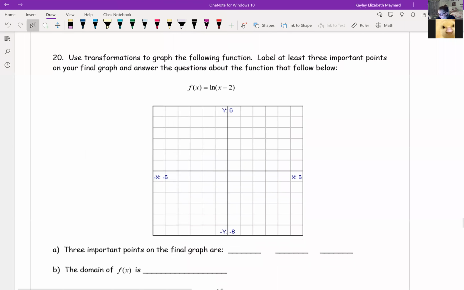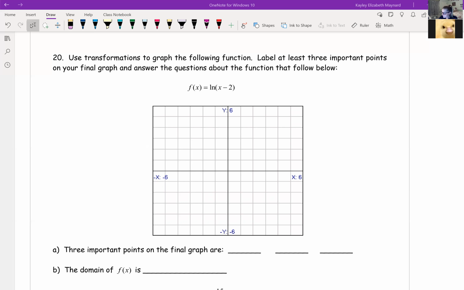Oh, here we go. All right. So another fun one, graphing logs. Okay. So it says to use transformations to graph the following function. So we're given f of x equals ln of x minus 2.